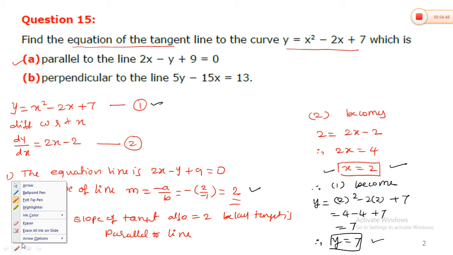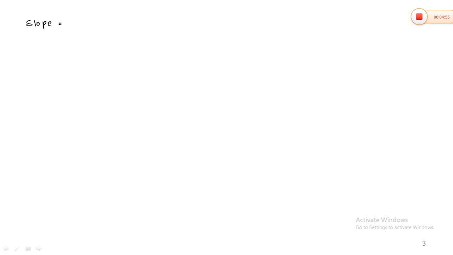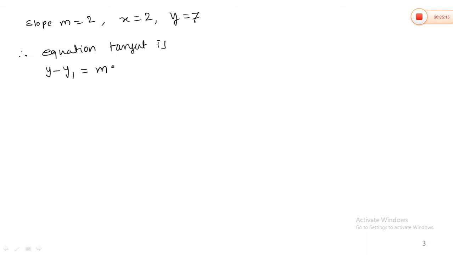So slope m equal to 2, x equal to 2, y equal to 7. Therefore the equation of tangent is y minus y1 equal to m into bracket x minus x1.